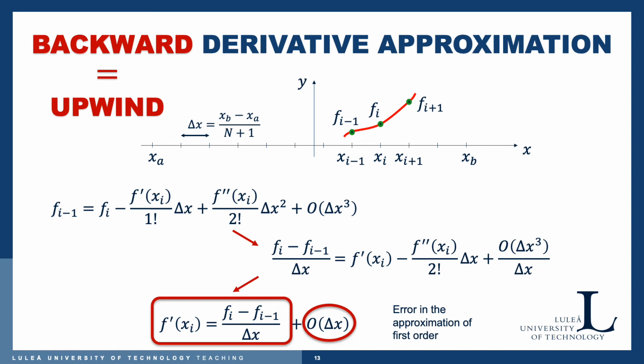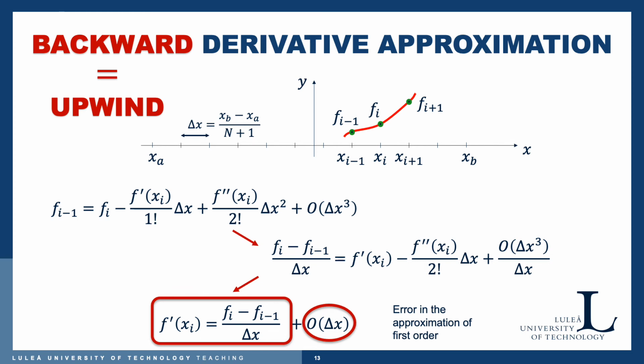Doing the same and solving for f' at the point x_i gives this ratio (f_i - f_{i-1})/Δx plus a residual term of the order Δx. So this also has a first order error of the approximation of f'(x) if we just neglect those terms.